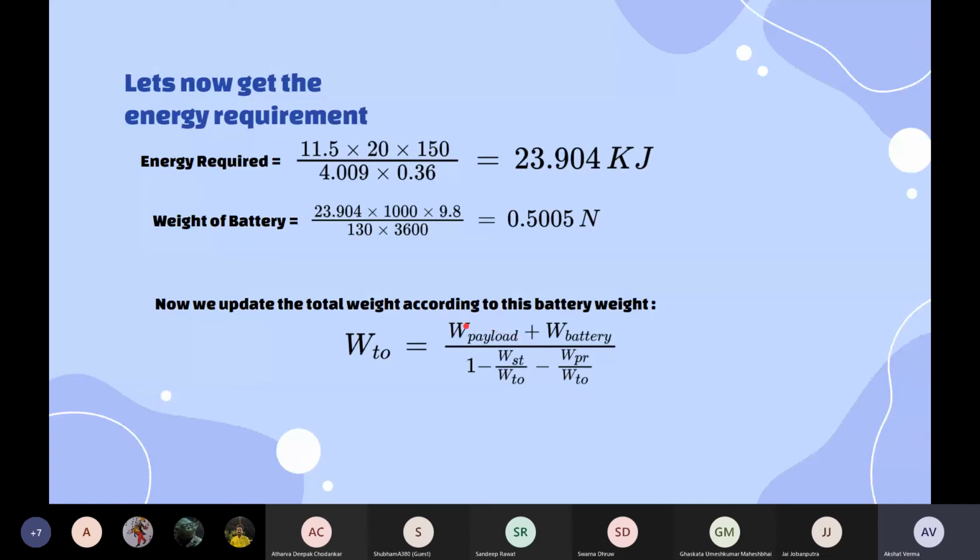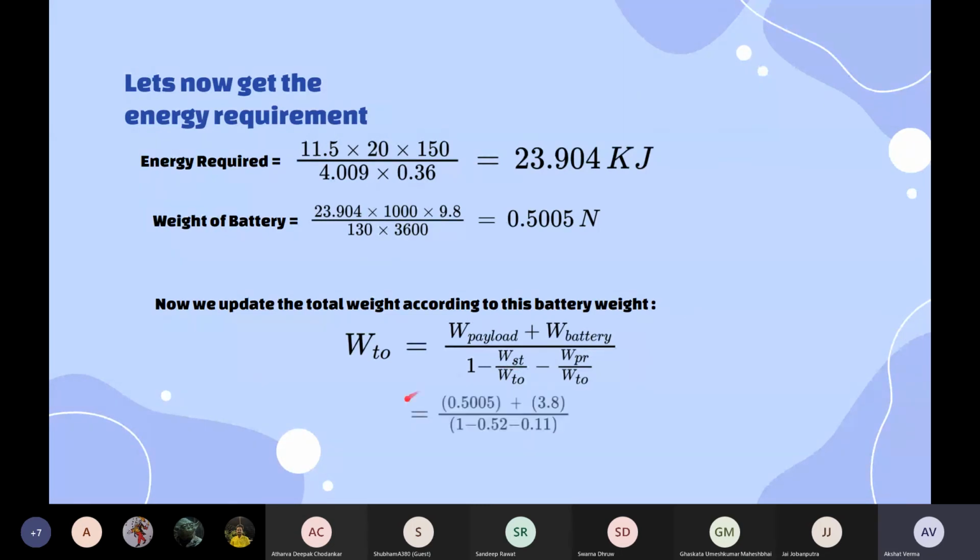So now we have the payload weight defined in our mission requirements. We also have the battery weight, sorry, we just found the battery weight here. So this 0.5005 newtons is the weight of battery which we just got. And also in the starting of the weight iteration process, we had got these structural and propulsion weight ratios from the historical data.